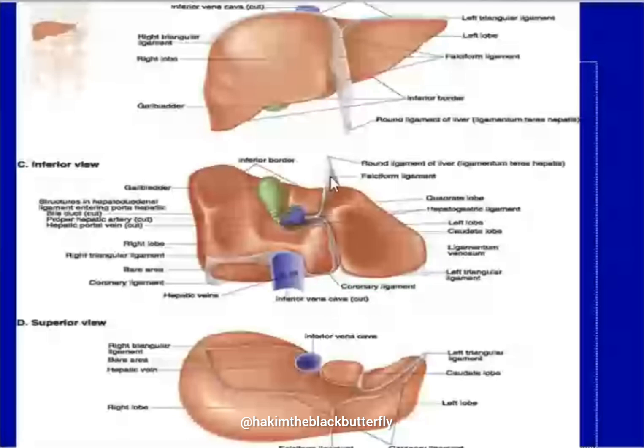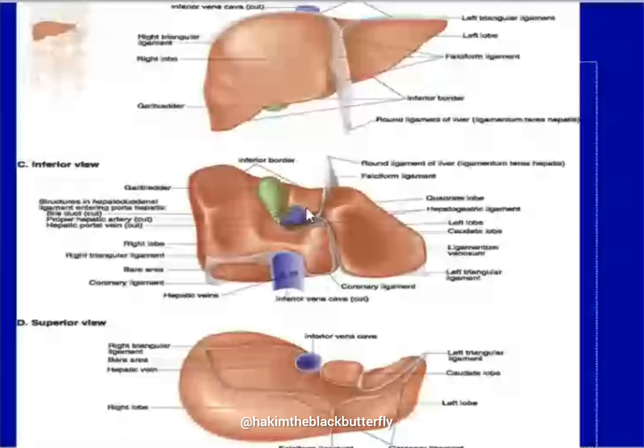Now, when you look at the inferior surface of the right anatomical lobe, this is the right anatomical lobe. The inferior surface of the right anatomical lobe has other features. We are having this point there.